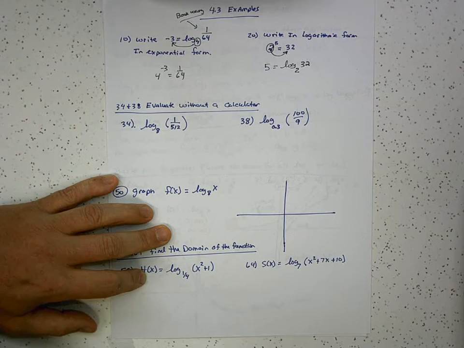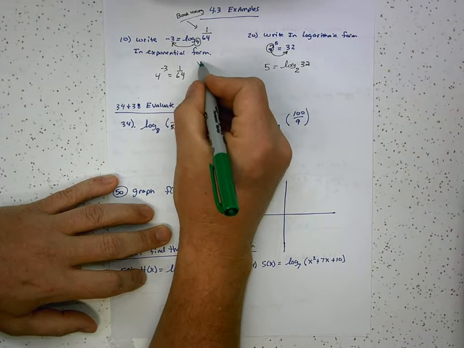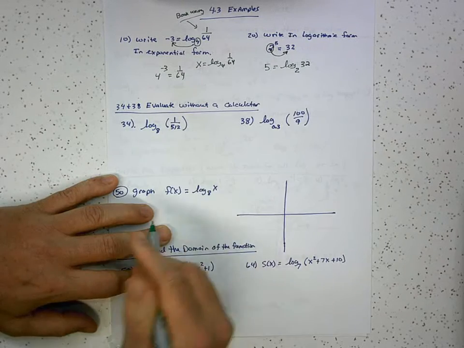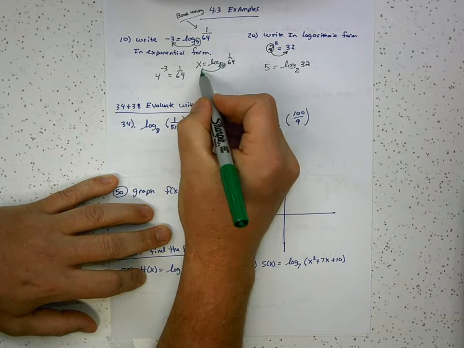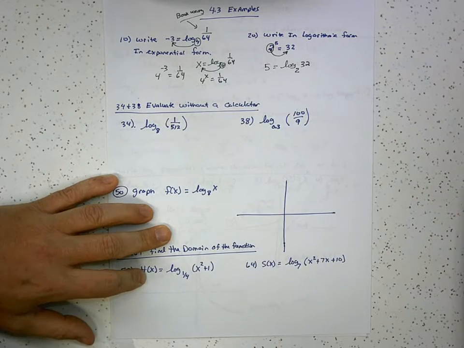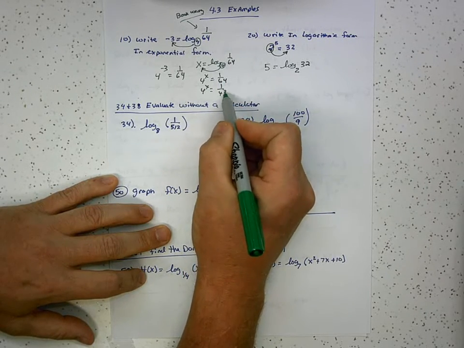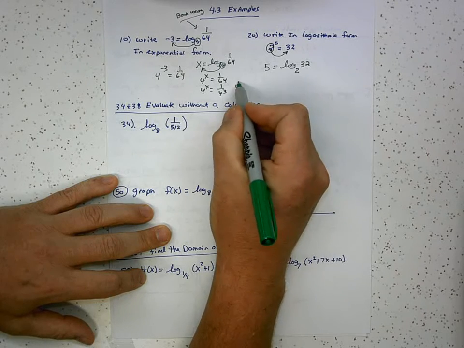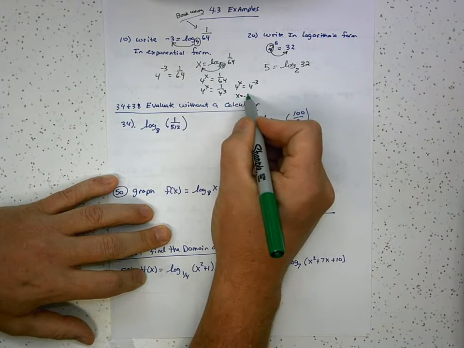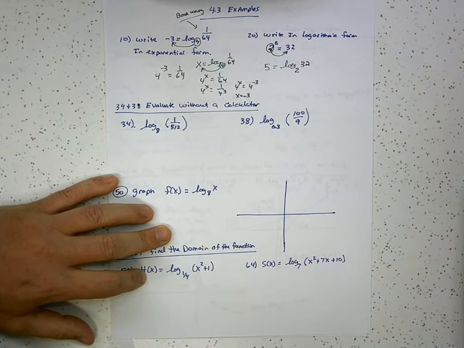Okay, real quick and easy, but what it does for us is if I didn't know what this was, if I had x equals log base 4 of 1/64, I can solve that by changing to exponential and then trying to get like bases. I know 4 to the x, I know 64 is 4 cubed, so therefore 4 to the x equals 4 to the negative 3, so therefore x is negative 3. That's where they get the value of that logarithm.